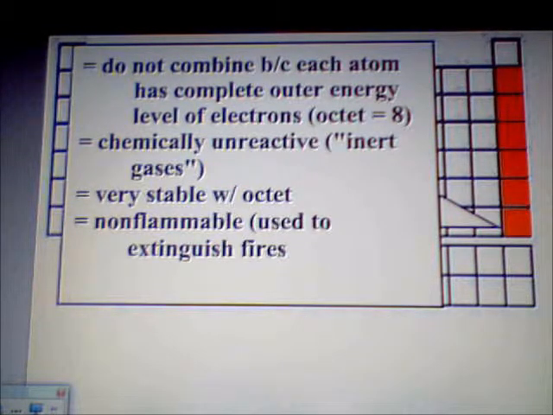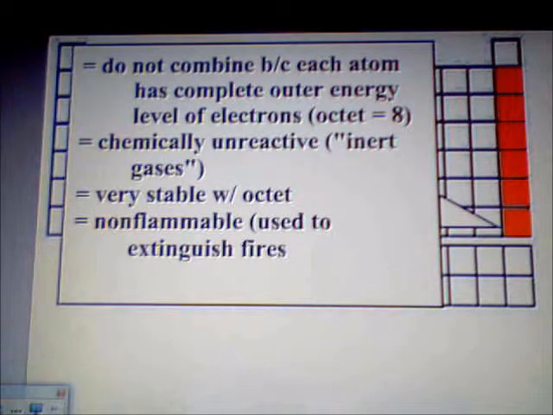Inert is like inertia. You may have heard of inertia before. Inertia is that property where objects have a tendency to stay at rest. Well, noble gases have a tendency to stay unreactive, so we call them the inert gases.